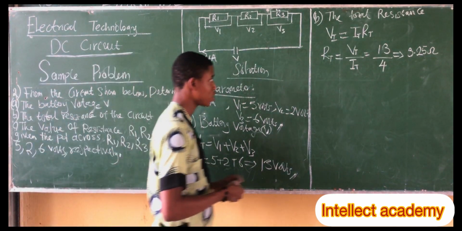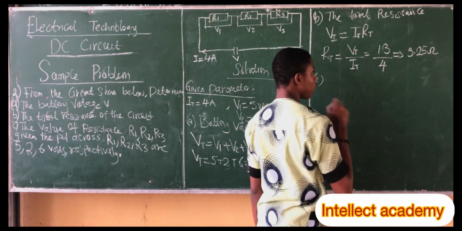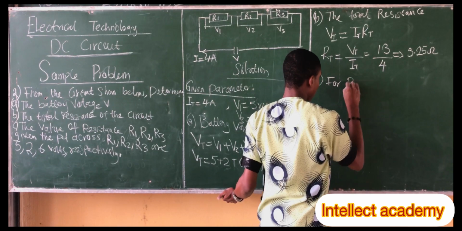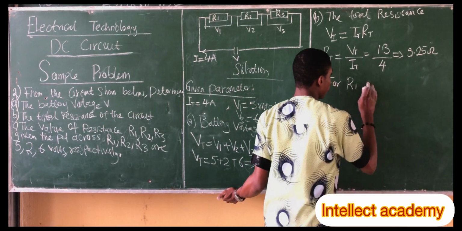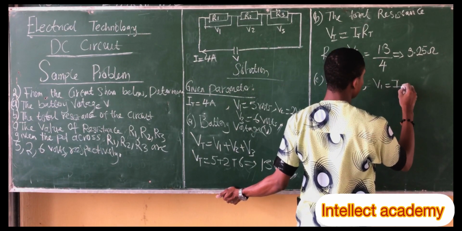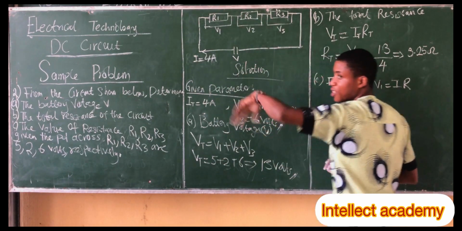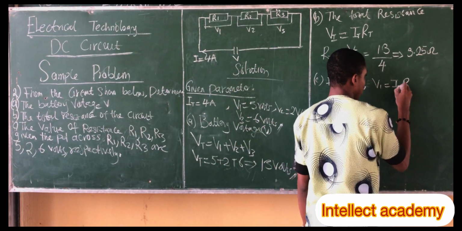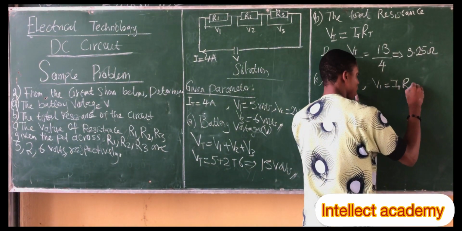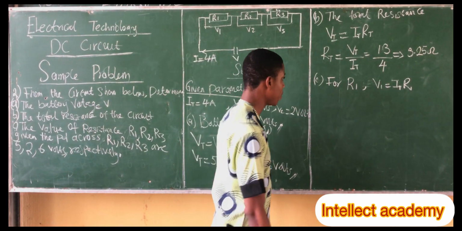So the next thing to calculate is the individual resistances. So take note, for us to calculate resistance 1, R1, from Ohm's law, we say that V1 is equal to I multiplied by R. But we said that the current is equal through the circuit, so we are using I total. But now we're dealing with R1. Is that understandable?